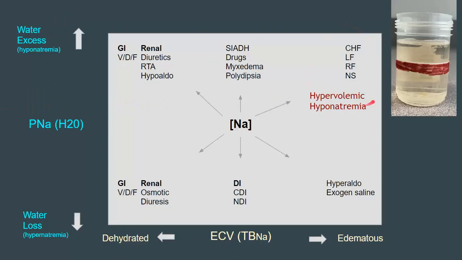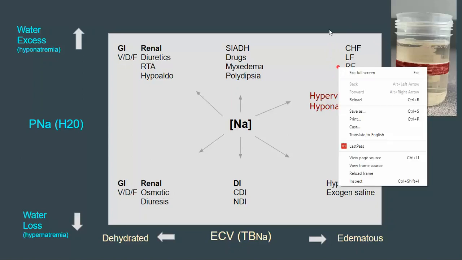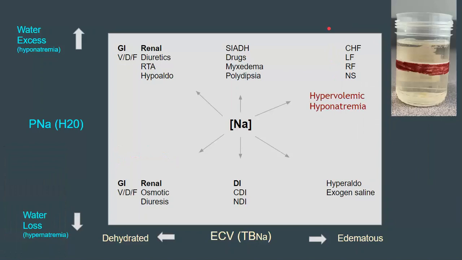Now, this corner up here is where 4 classical diseases live. Congestive heart failure, cirrhosis or liver failure, renal failure, which is like chronic kidney disease, and nephrotic syndrome. So you think to yourself, how does that cause problems?